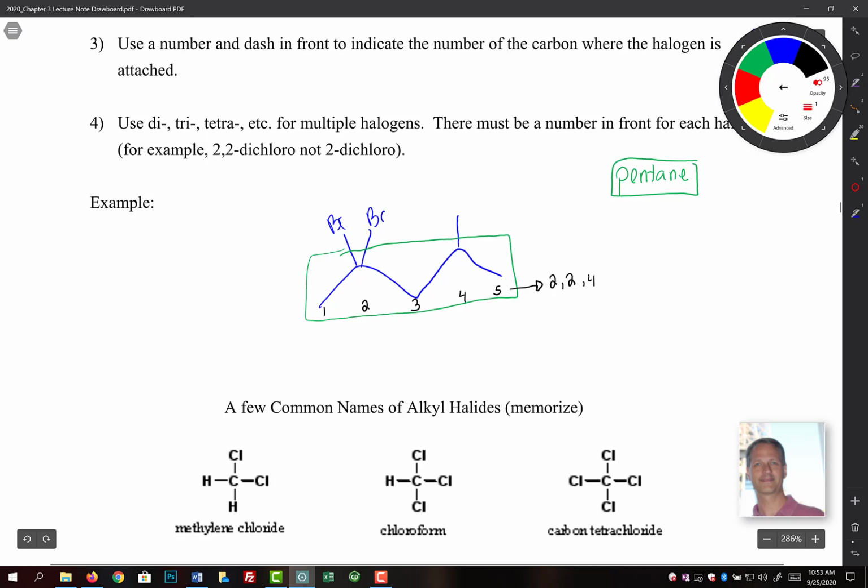Now if we numbered it this way, 1, 2, 3, 4, 5, that numbering would give us a 2, 4, 4. So maybe you knew this without having to go through this, but here we have a tie, but here's where our tiebreaker is, right? So 2 beats 4. That's the numbering that we want to use here, okay?